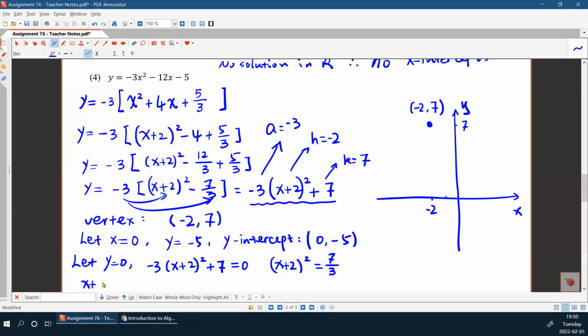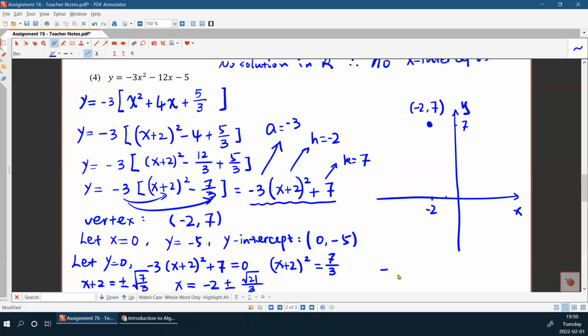And apparently x plus 2 can be positive or negative square root of 7/3. That means x can be negative 2, positive or negative square root of 21/3, right? Okay, so we need to give approximate value of x's.